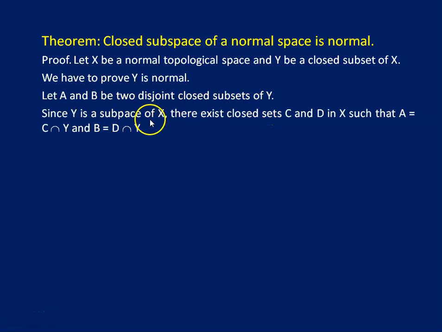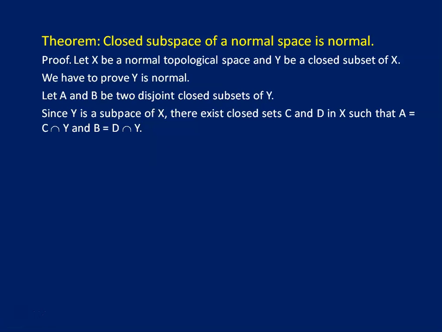Since Y is a subspace of X, there exists a closed set C in X such that A is equal to C intersection Y. Similarly, there exists another closed set D in X such that B is equal to D intersection Y. This we know from the subspace topology.